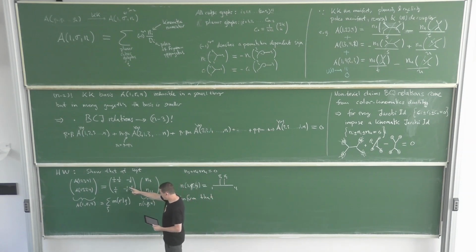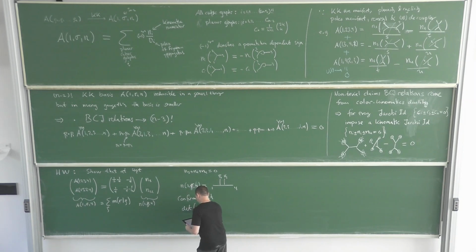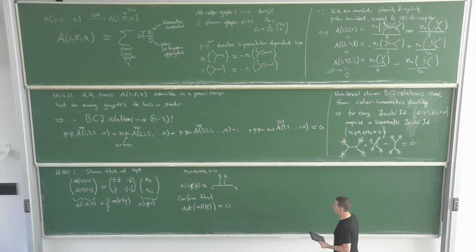So this is a degenerate matrix, meaning that its determinant is 0. Now, since this determinant is 0, it means that its rows and columns are not independent. So in particular, these two guys are not independent, right?